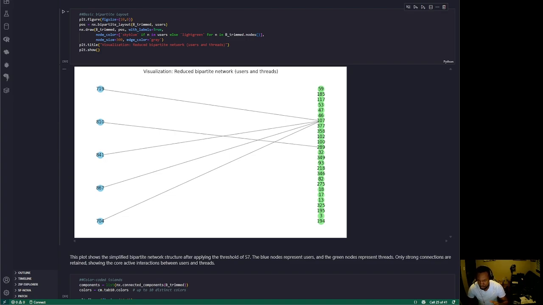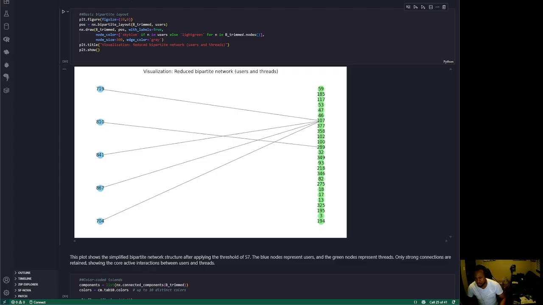The blue nodes on the left represent users, and the green nodes on the right represent threads or discussion topics. Each line between them shows that a user participated in that thread. By reducing the network, we simplify the structure and make the relationships easier to interpret.